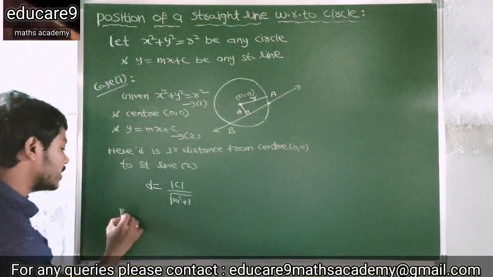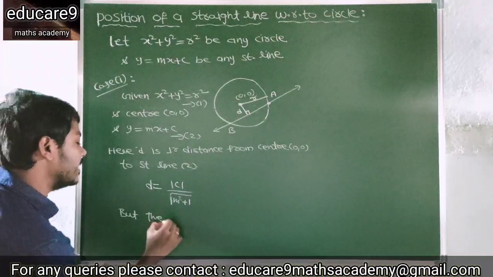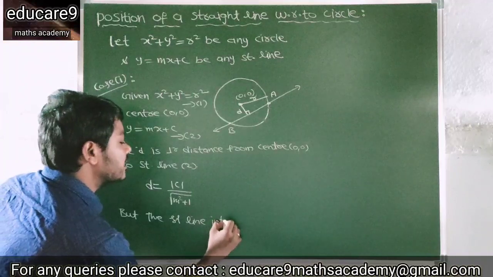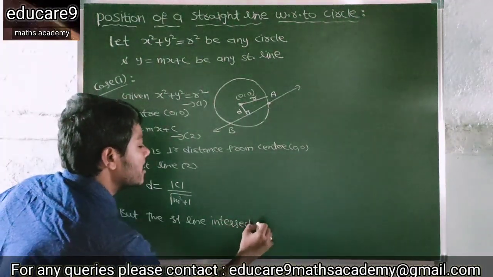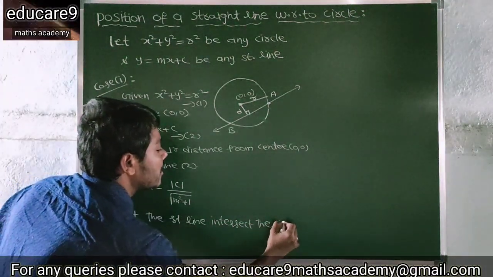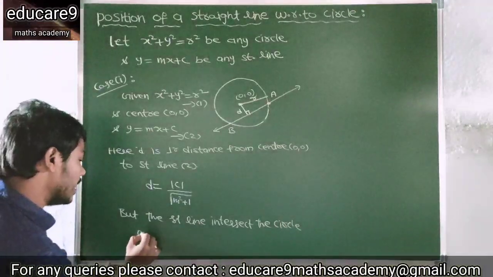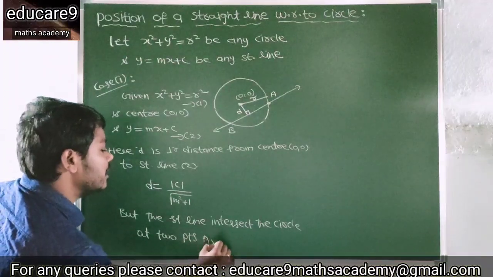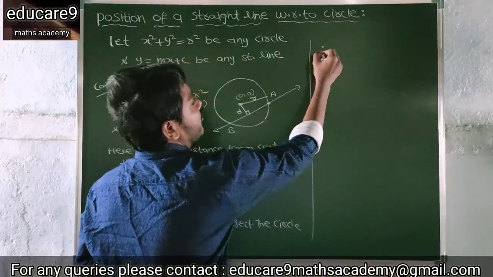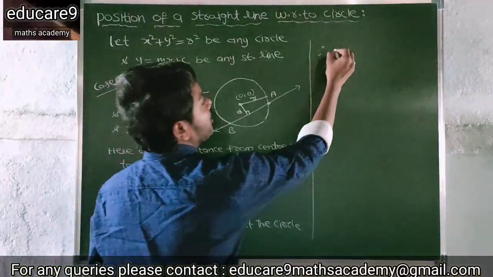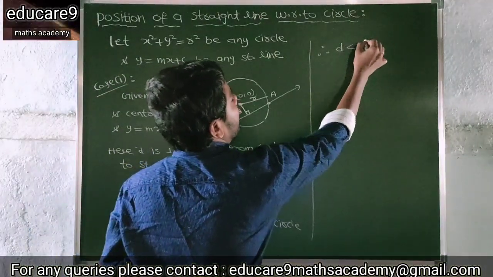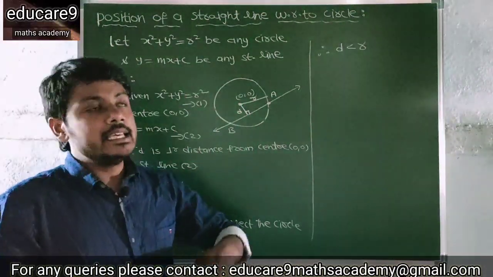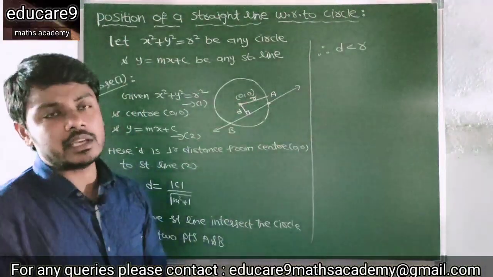But the straight line intersects the circle at 2 points A and B. So therefore clearly d is less than r, meaning the perpendicular distance from center to the line is less than the radius of the circle.